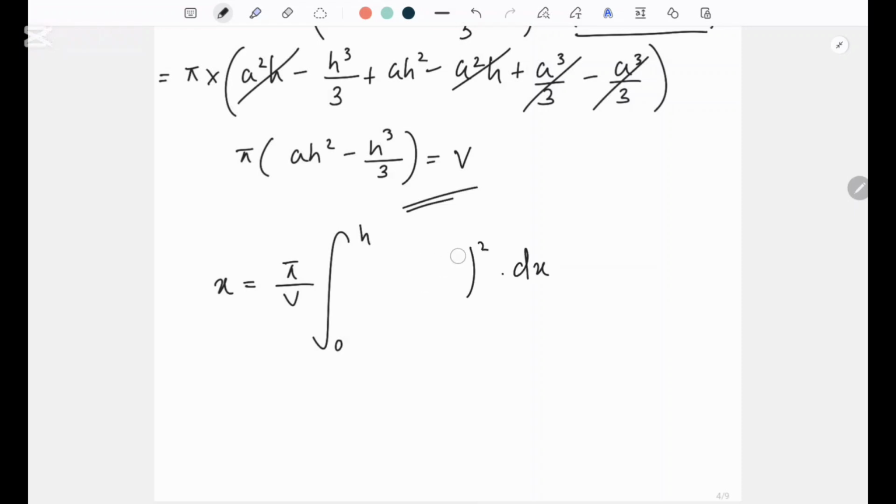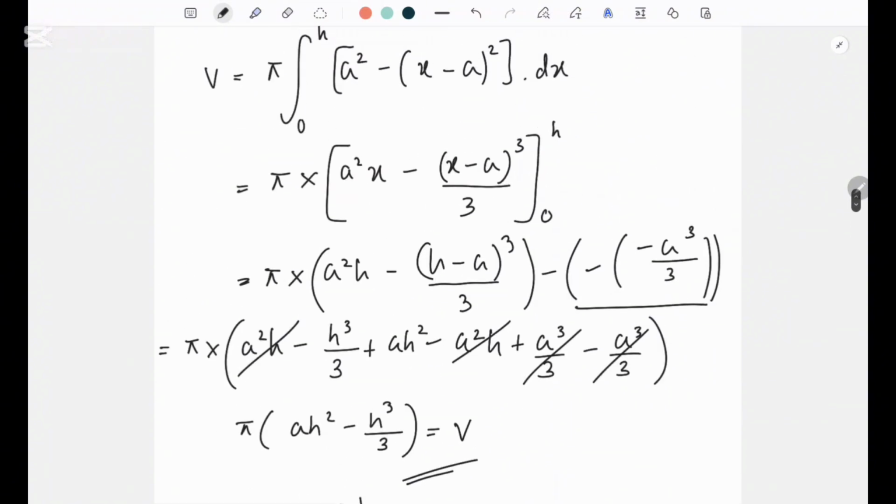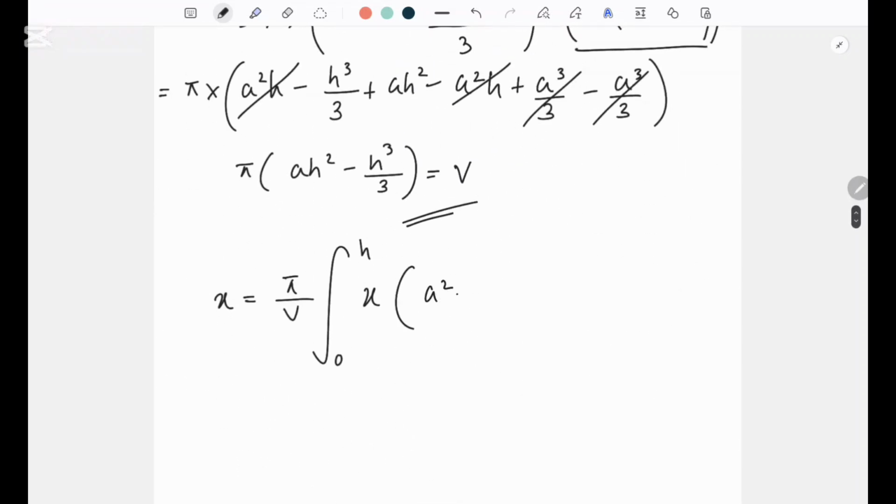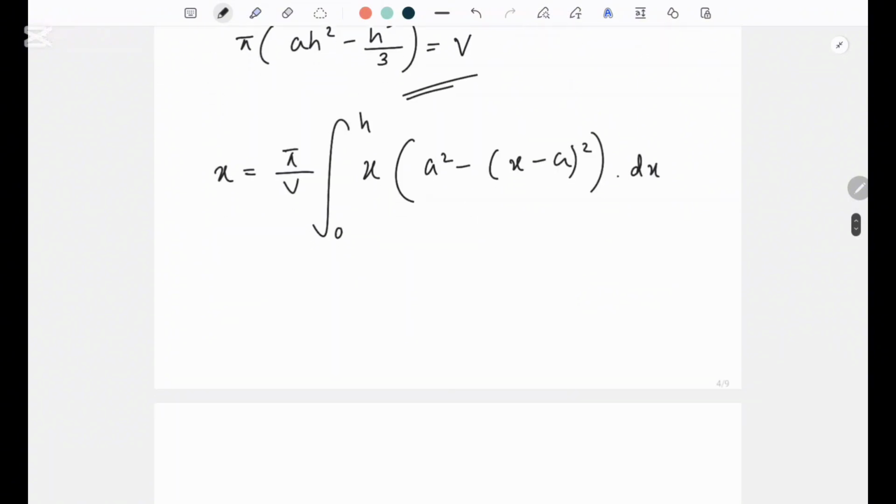So in this case, it's x into the term we had for y, which is a squared minus (x minus a) squared dx, right? So let's integrate that. So we have the integration of a squared into x, which is a squared x squared over 2, minus the integration of x into (x minus a) squared dx.